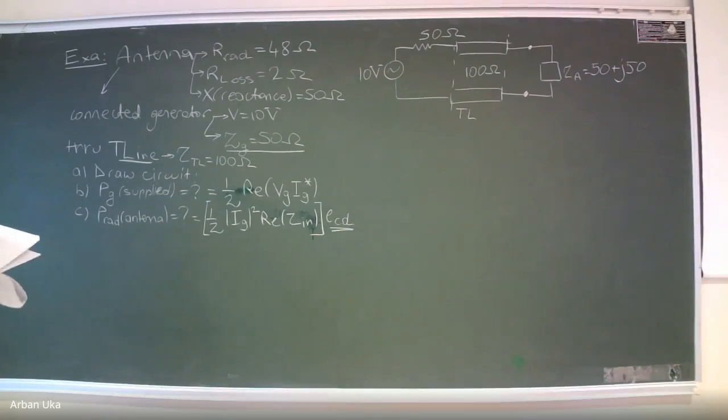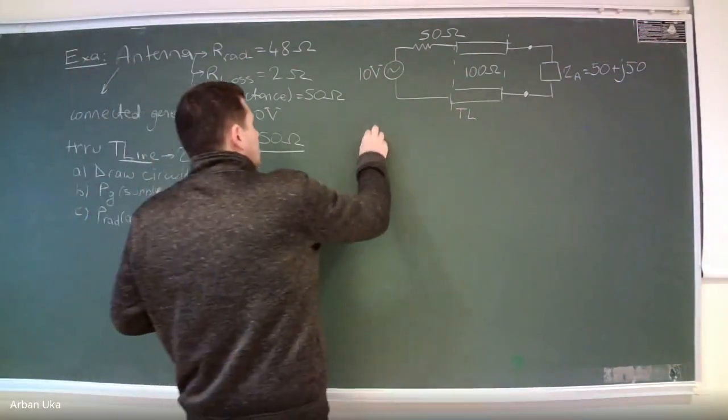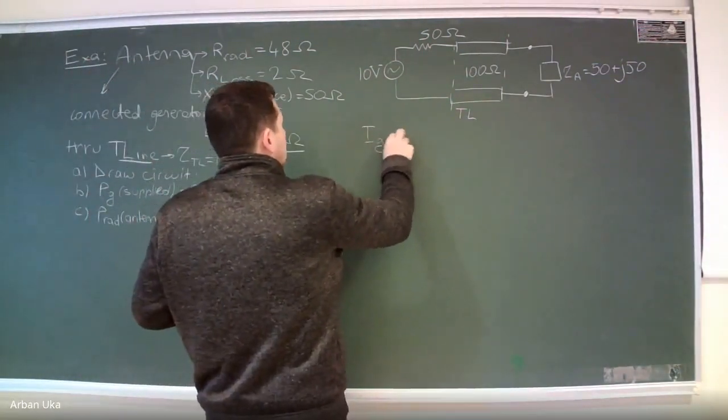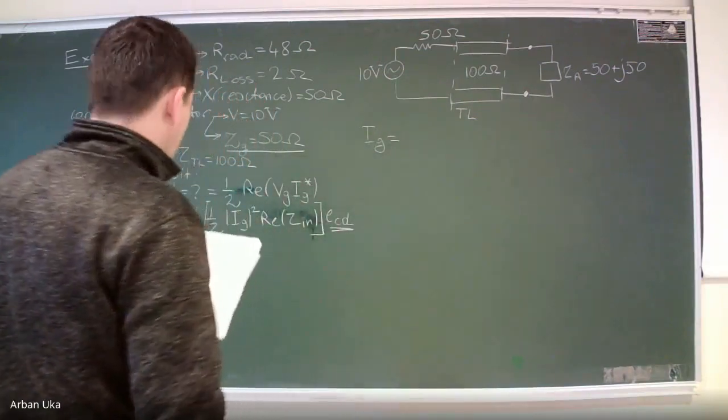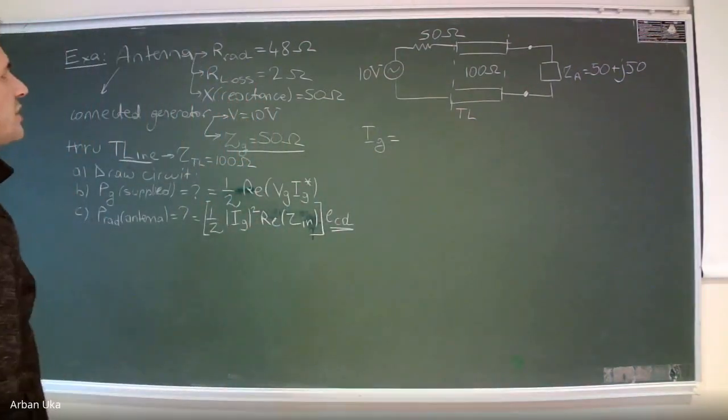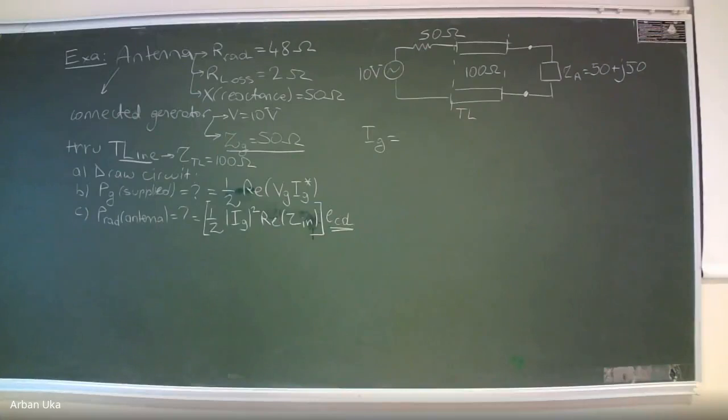So firstly, we have to find the current. And this current has to be equal to the potential divided by the whole resistance, and the whole resistance here is going to be equal to 150. Let's see.